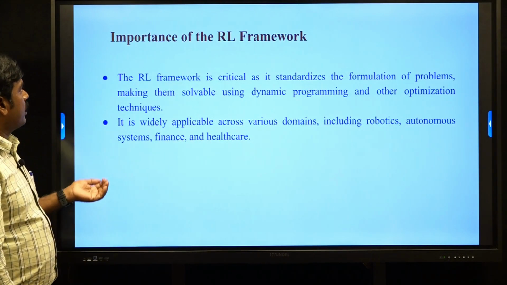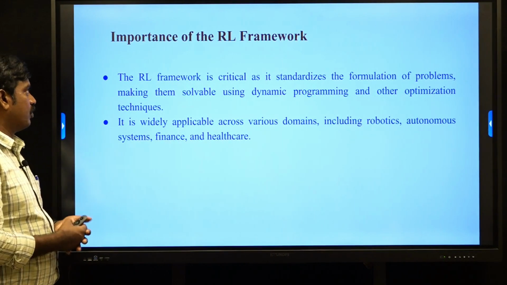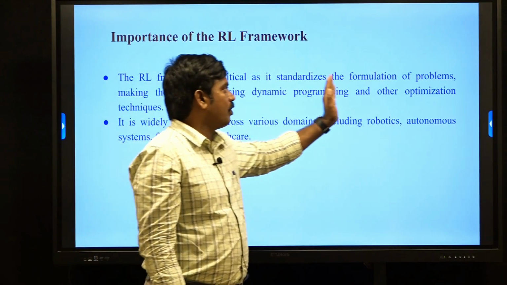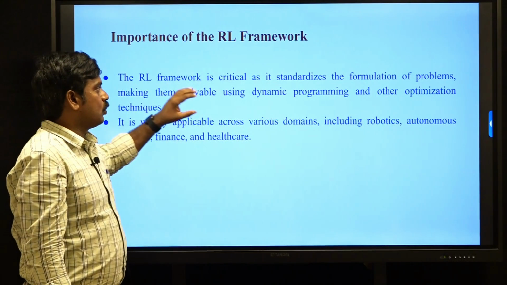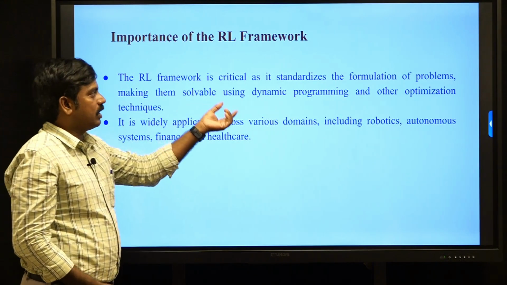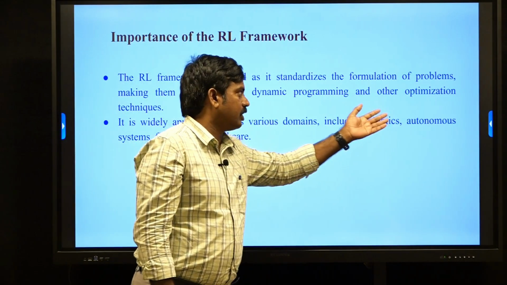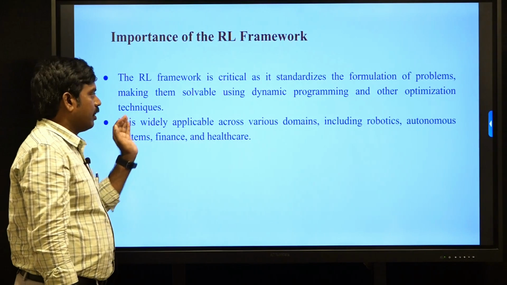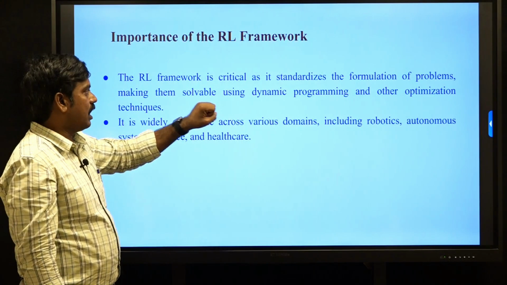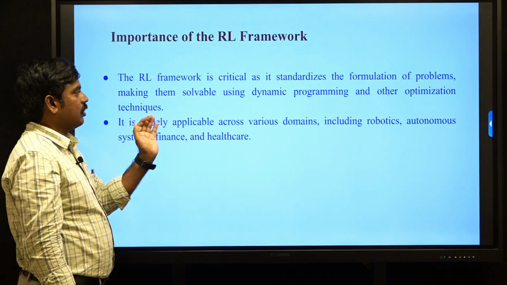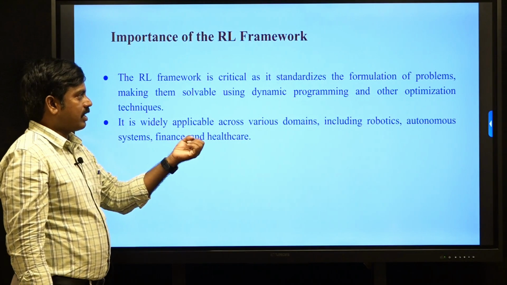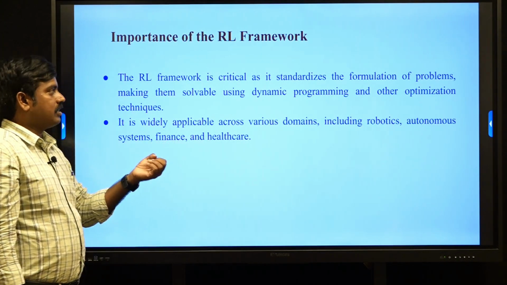This is the importance of the reinforcement learning framework. The reinforcement learning framework is critical as it standardizes the formulation of problems. It is used to formulate the problems and make them solvable using dynamic programming and other optimization techniques. Based on the framework we define the problems and apply different techniques to different parts of the framework, either the agent side, action side, state side or reward side.